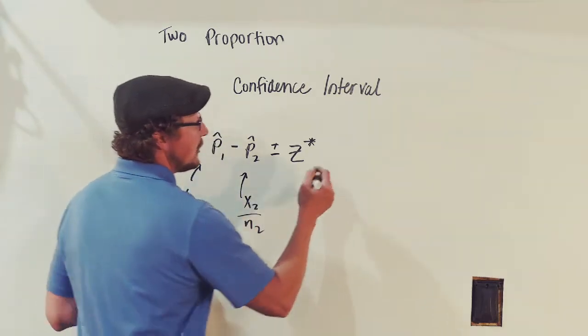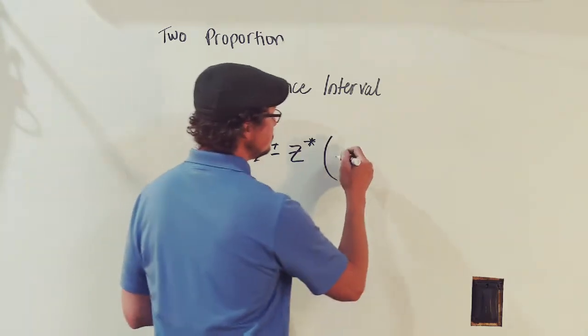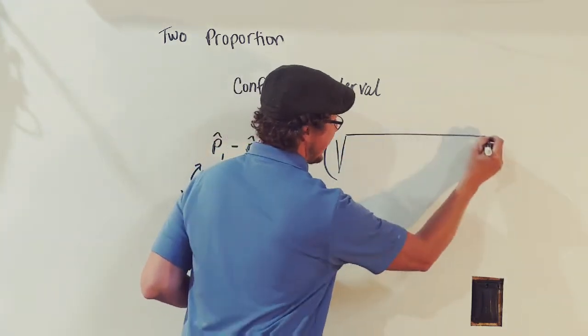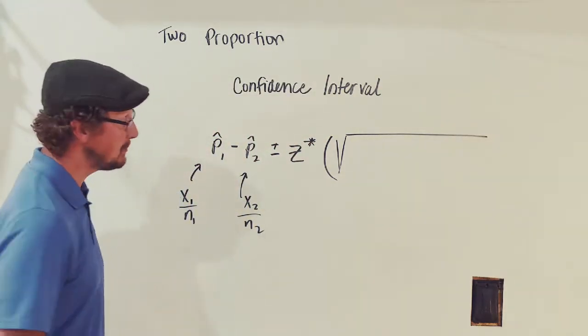All right. It's going to be multiplied by the standard error. Standard error for this guy, because we have two different proportions, is going to be kind of a beast.